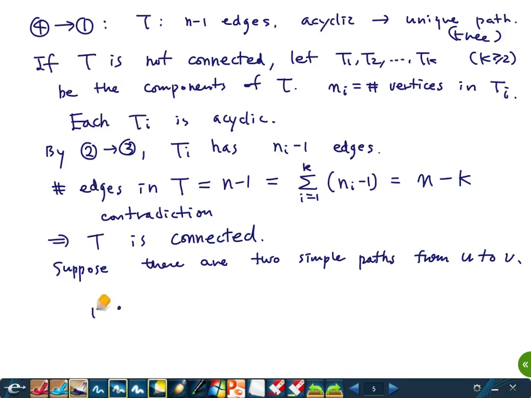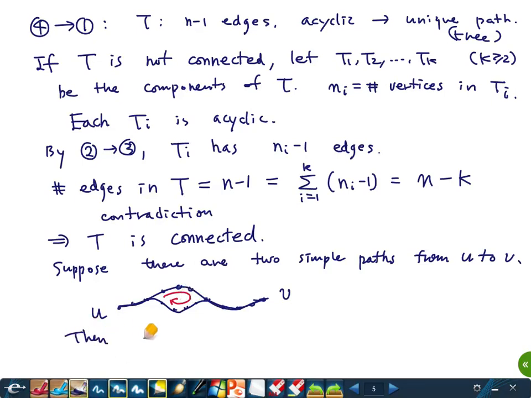So here we have u, here we have v. Here it goes like this, some path, and another simple path, but they may share some vertices and edges, but eventually it looks like this, right? Maybe they can separate and then merge, but like that. But here you can see a cycle.